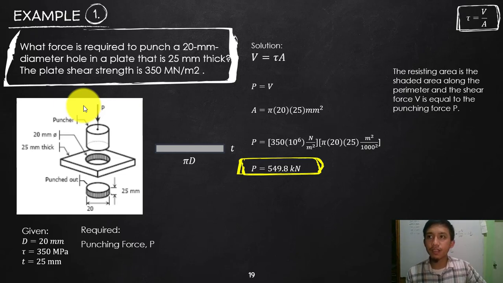Maybe you are confused with stress and strength. If you are referring to the capacity of a material, we call that the strength. But if you are just referring to the effect of the force on the area, that is the stress. If you are referring to the amount of stress that can be carried by that type of material, that is the strength.